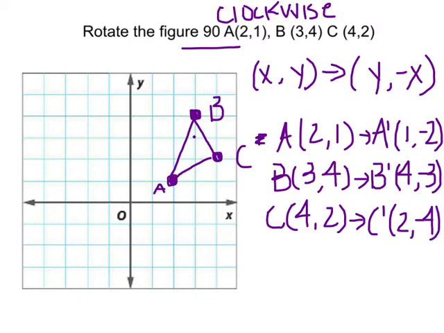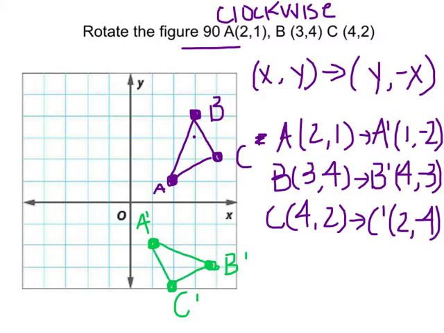So our new figure will be 1, -2, A prime, then 4, -3, B prime, and then 2, -4, C prime.